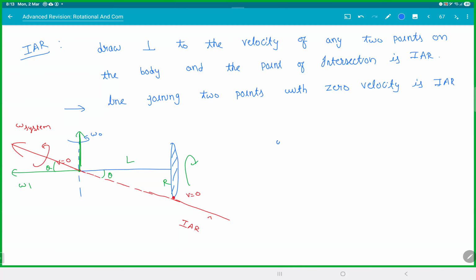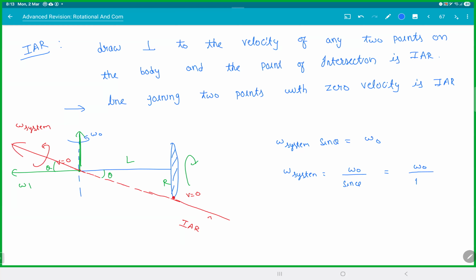Now can I say like this? Omega system sine theta, isn't that omega naught? So this omega has two components, omega 1 and omega naught, isn't it? Just think of it like that. Just like you resolve velocities, you can resolve omegas also here. So from here, I can find omega of the system is nothing but omega naught by sine theta. And what is sine theta here?